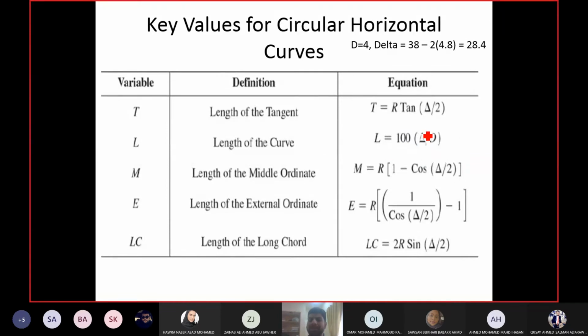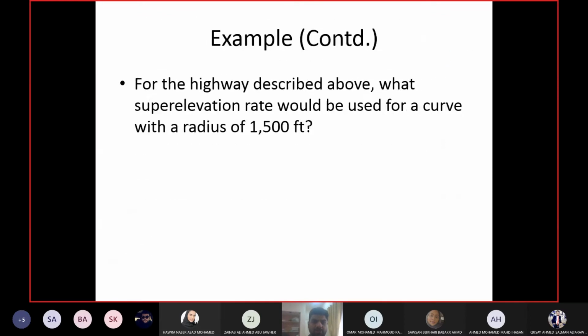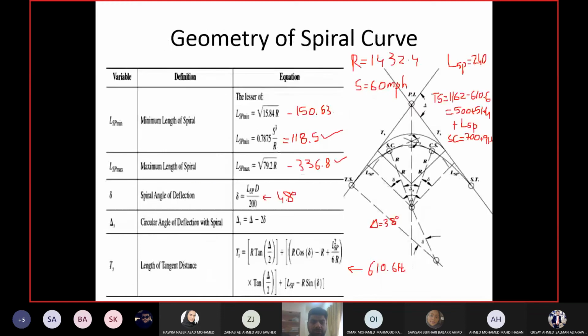Now delta will be the angle of the circular curve, not the total delta. If there was no spiral curve, then this would be the total delta. But if there's a spiral curve, then you have to subtract the small delta which you calculated, 4.8, from both the ends.